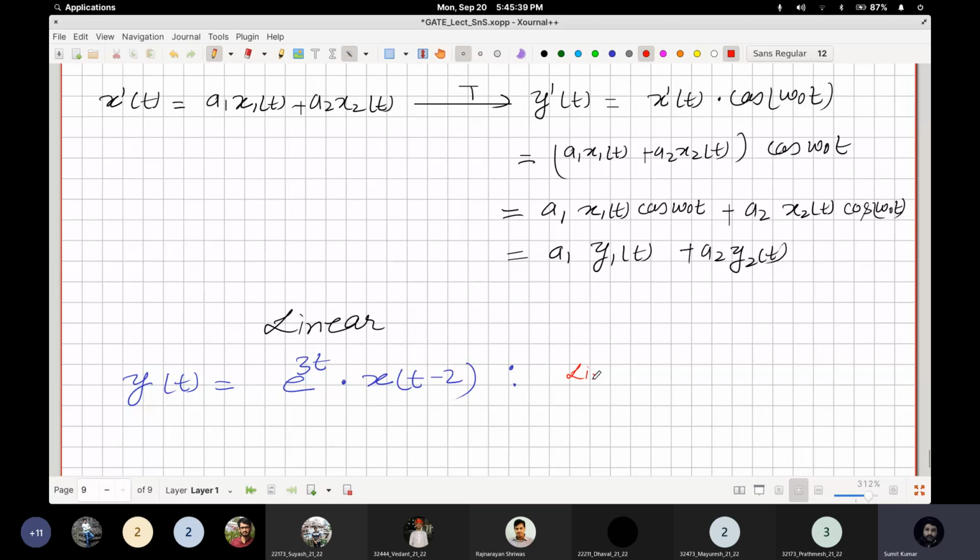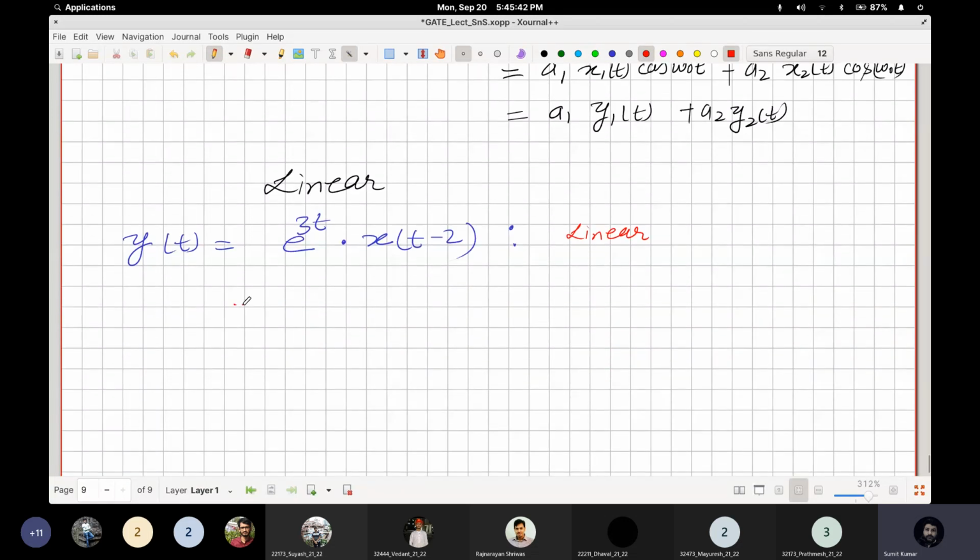It's going to be linear, right? Similarly, you can have another function here, log of 2t times x of 2t. So this is again going to be linear, isn't it?